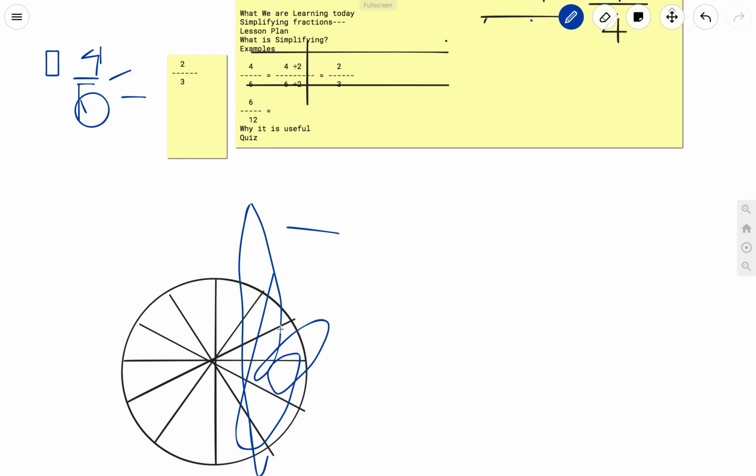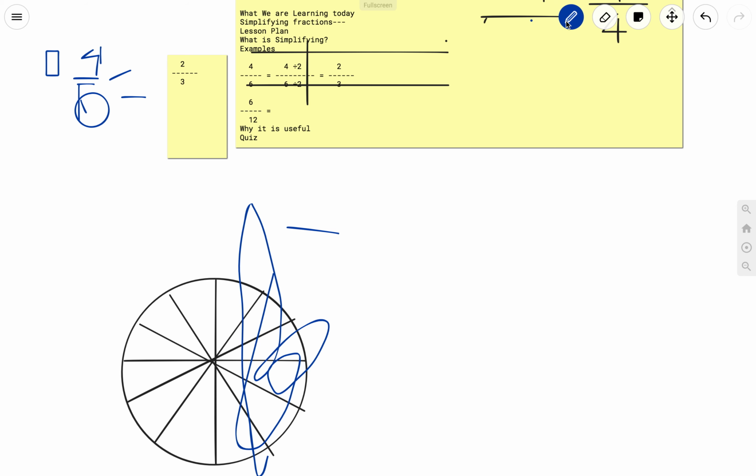Now, what we can see here exactly is that 6 pieces remain out of the original 12. But from the diagram, we can easily see that half of the pizza has been eaten, consumed.